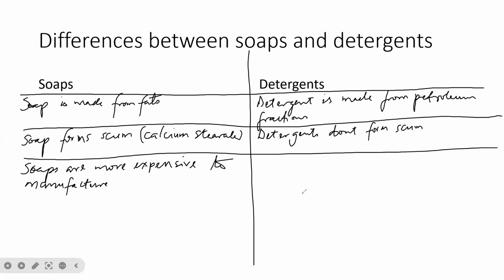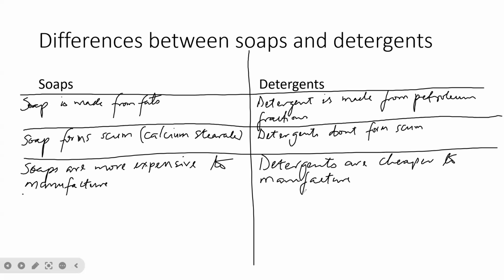Soaps are more expensive to manufacture. What about detergent? We say it's cheaper. Detergents are cheaper to manufacture. Okay. Any other one?